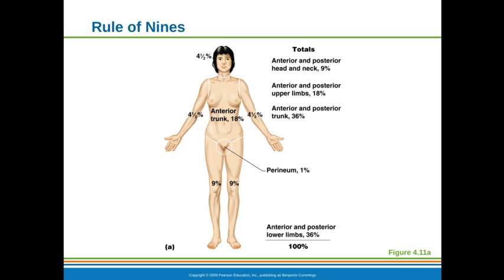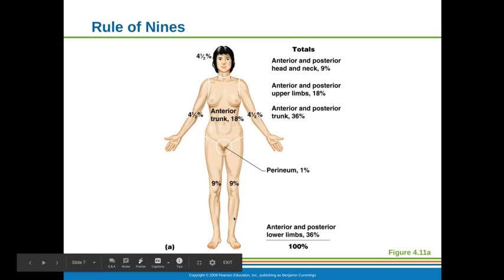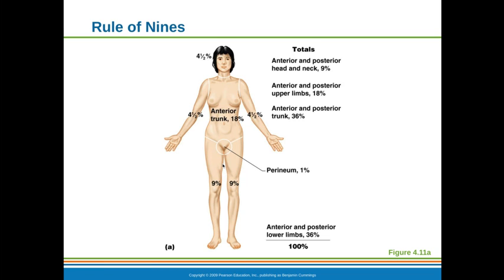You can see that we have 4.5% on the front of the head, 4.5% on the back of the head and neck. So that gives us 9%. Anterior and posterior upper limbs, 18. Anterior and posterior trunk, 36. Each leg being 18%, and then the perineum, or the genitalia for males and females respectively, being 1%.